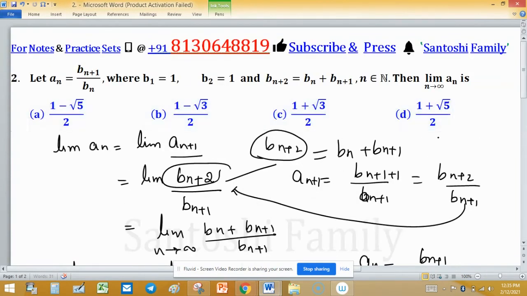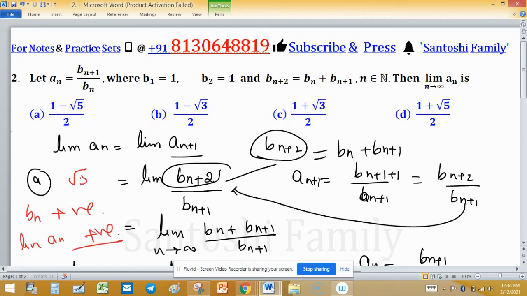1 plus root 5 divided by 2 is in option D. Now, both negative and positive values are given to us. As b_n is a positive term series, a_n, or the limit of a_n, will be positive.